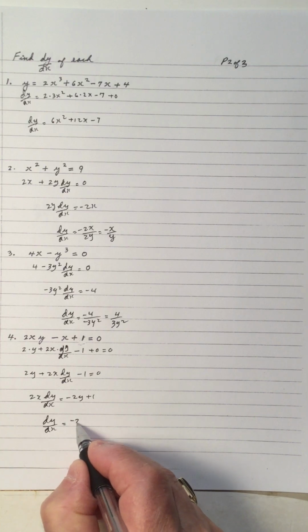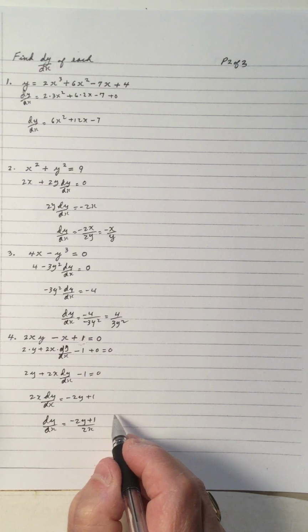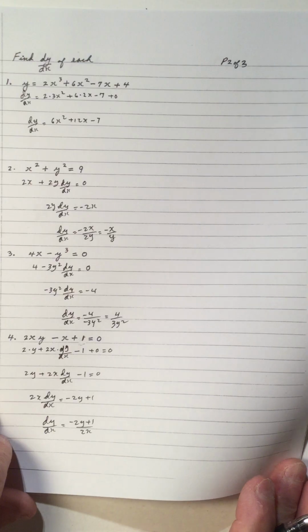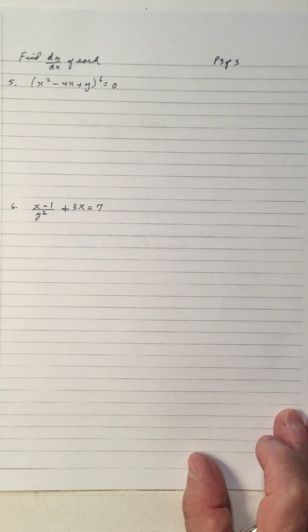So dy/dx is negative 2y plus 1 over 2x. 4 problems done. Again, the more problems you see done, hopefully the better you'll understand.